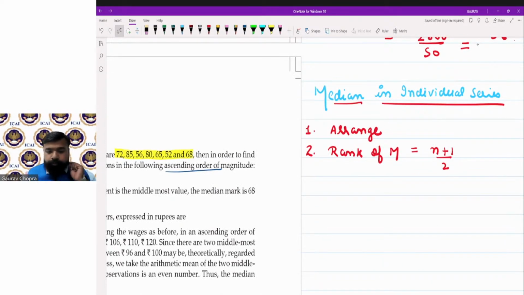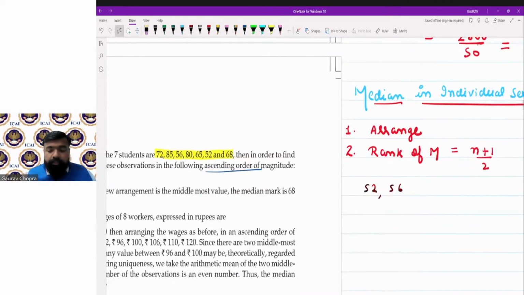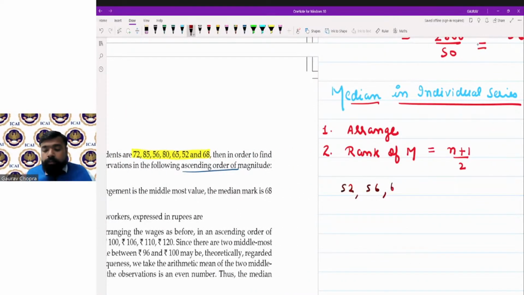Now let us solve. So we have arranged the above data: 52, 56, then 65, 68, 72, then 80 and 85.